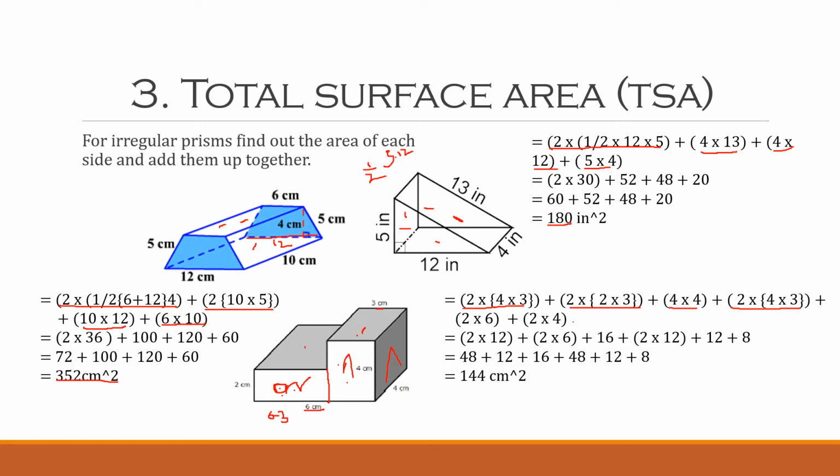Then after that we have to find out the area of 2 into 6 to give us the area of the base triangle. And lastly we have 2 into 4 to give us the area of this part. So now we will be adding it all together to get 144 centimeters square as our answer.